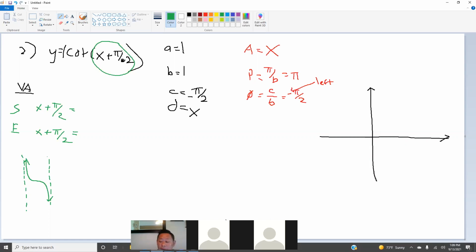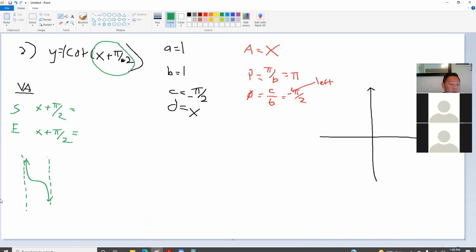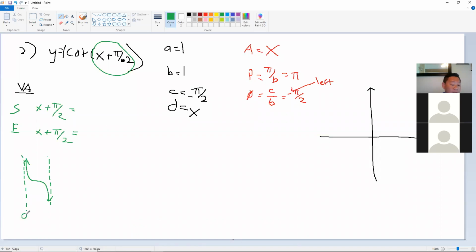So you start from where? You start from 0 to pi. For tangent, it's negative pi over 2 and pi over 2. Cotangent is 0 and pi.